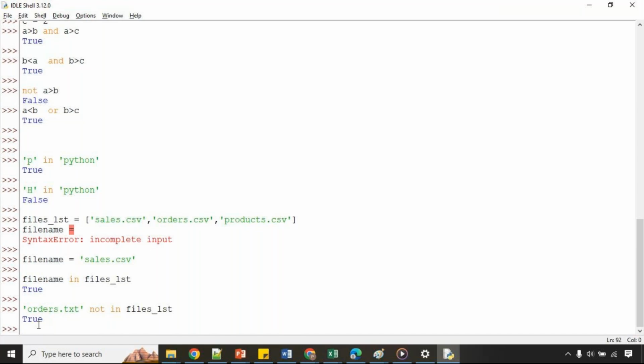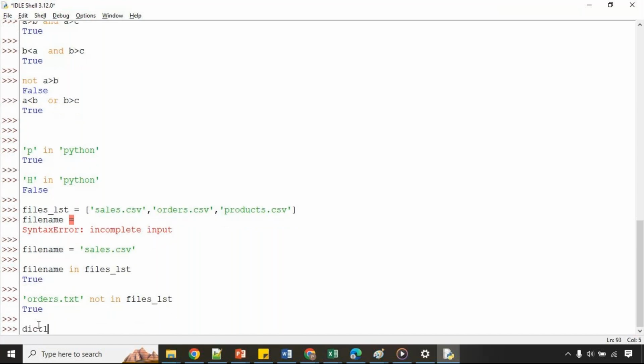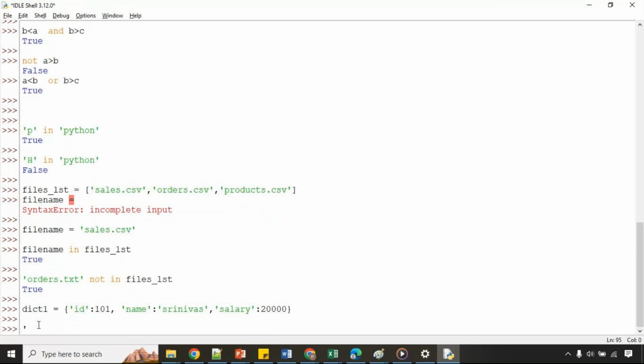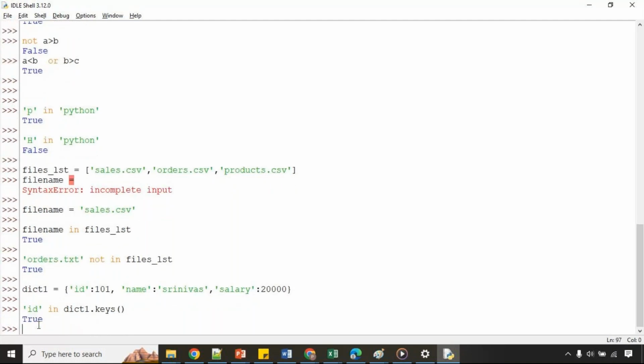Similarly, I have a dictionary, and I check whether the ID is there in the keys or not. So there we can use in.